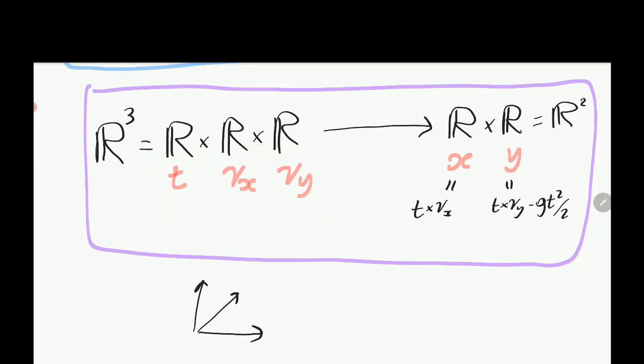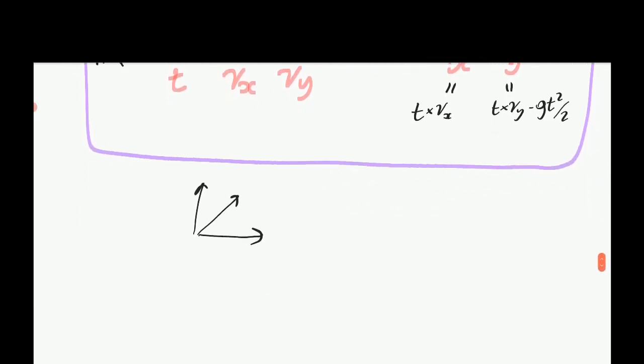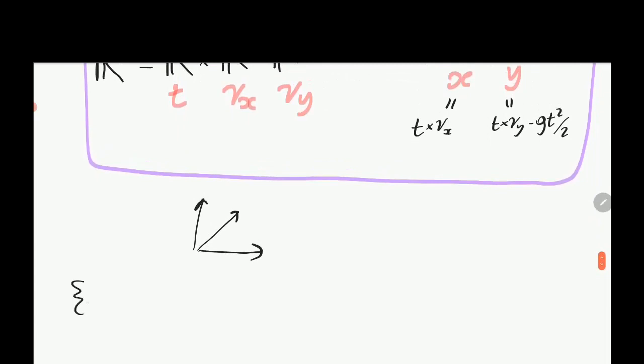And in fact, we can think about this a lot more clearly. What we want to be visualizing, and I'll write it out, is the set of times t, horizontal velocities vx, vertical initial velocities vy, displacements x and displacements y, which are such that two conditions hold.